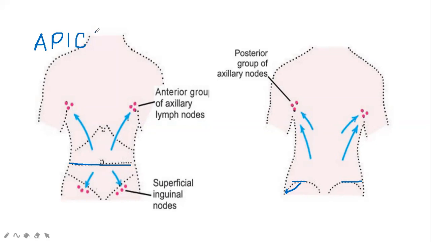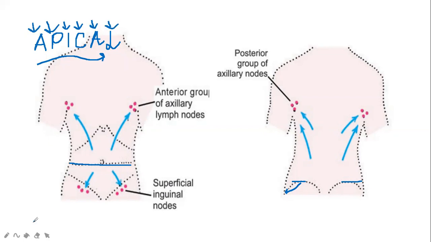I'm forgetting the last one's name. Did I say the central group? Yes, you said it just now. So the apical, the posterior, the infraclavicular, the central, the anterior, and the lateral, right?